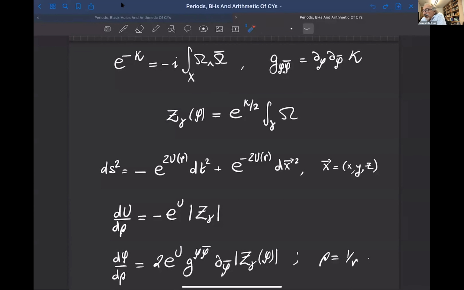Our metric again is shown here, with x, y, z, and there are some differential equations for u. One of the things we want is that at the position of the horizon, this metric should be non-singular.